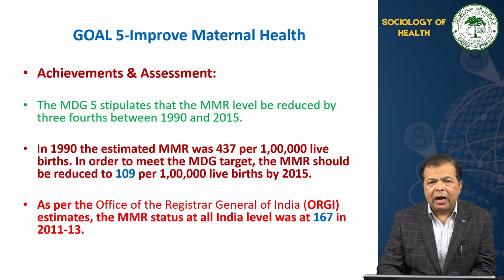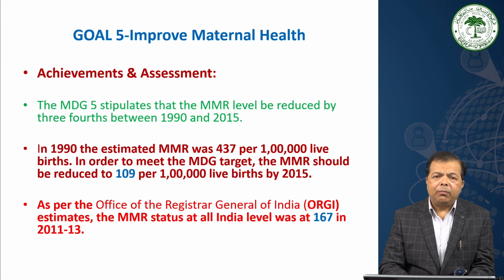At that time, we also talked about the ICPD conference, and there we were talking about reproductive rights and reproductive health. So maternal mortality could be controlled by improving reproductive conditions, improving child delivery, and including the services of medical care and healthcare providers.